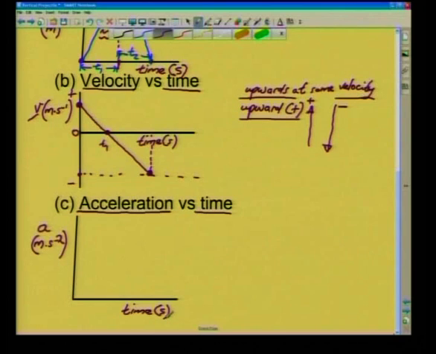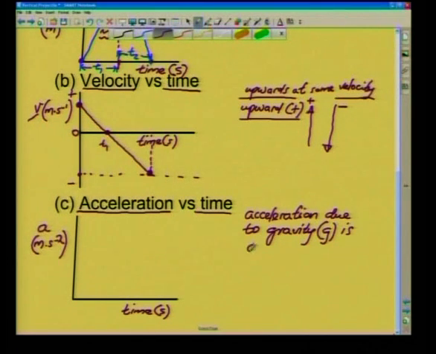Now, this is the time axis. We have just said that acceleration due to gravity, g, is constant, not changing, okay?